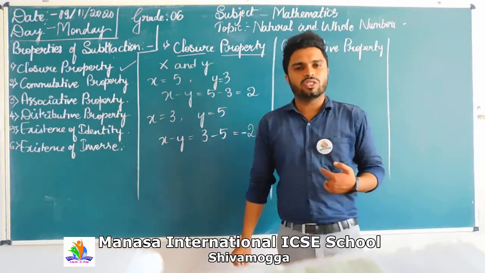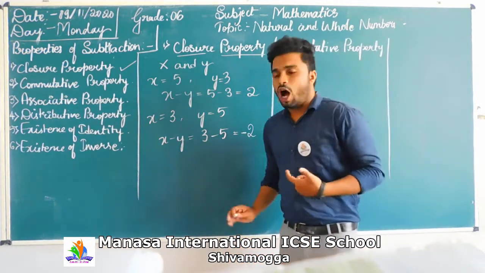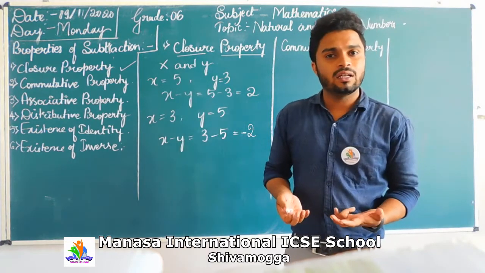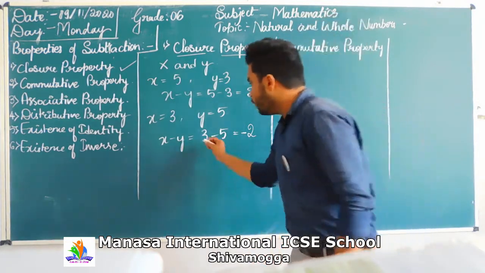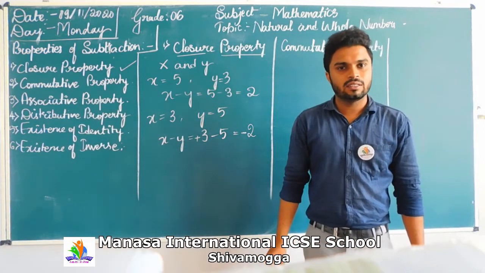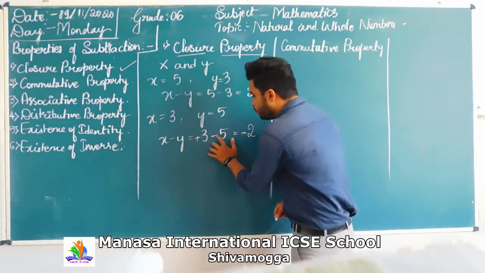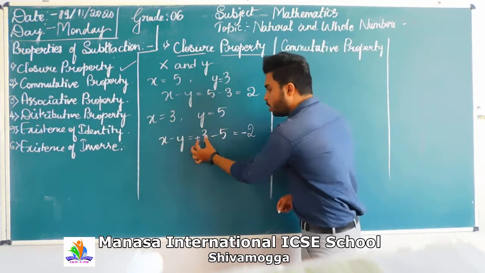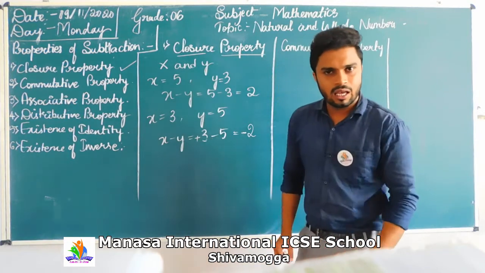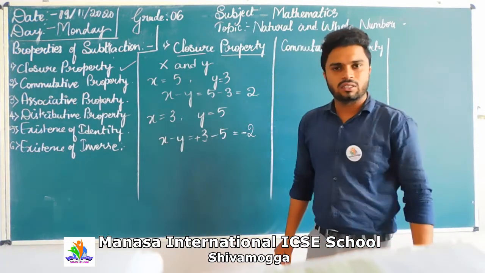You will ask, sir, how do we know to write the sign minus? See students, if there is nothing written, you take it as plus. Which is bigger, 3 or 5? 5 is bigger. What is the sign of 5? Minus. Hence the bigger value's sign is minus.